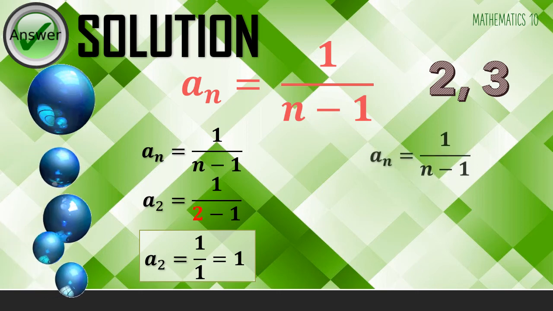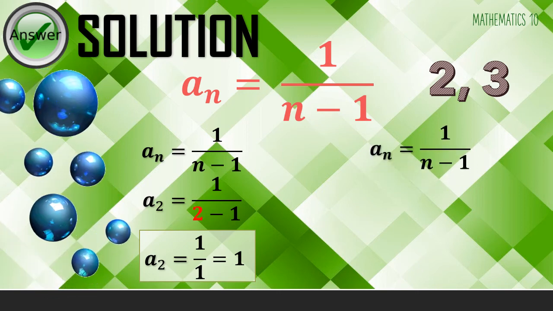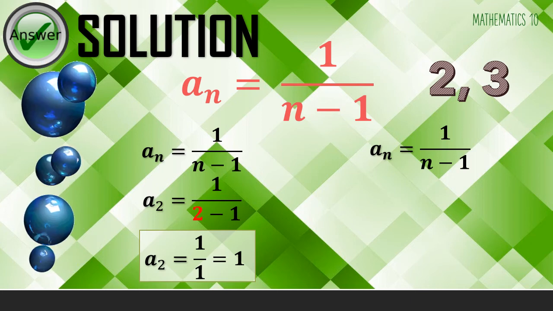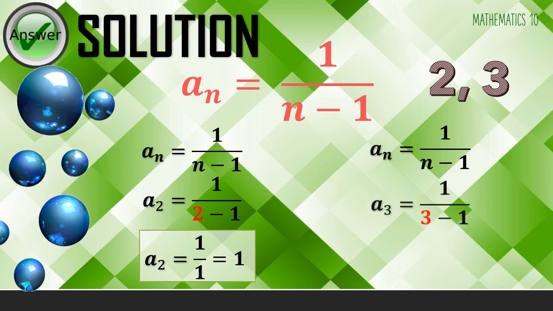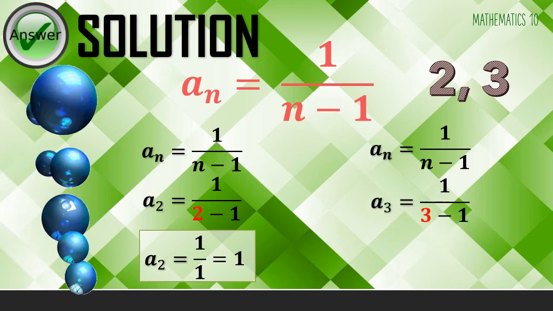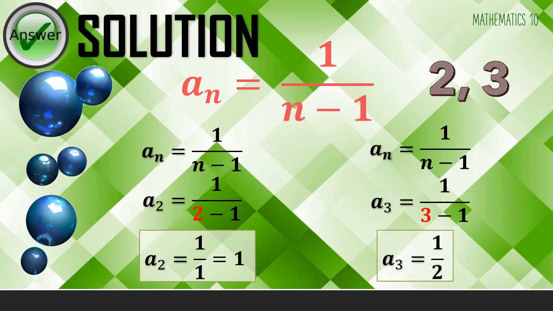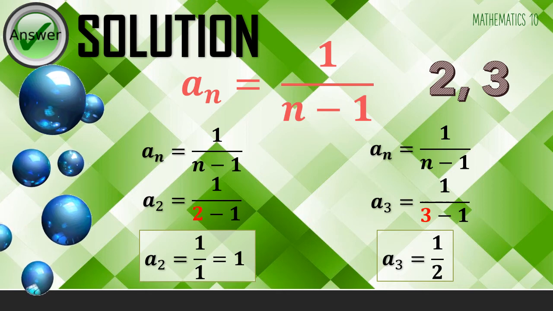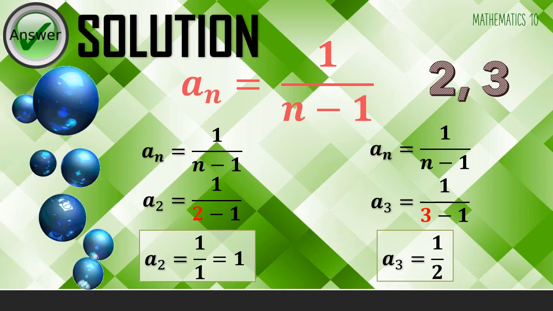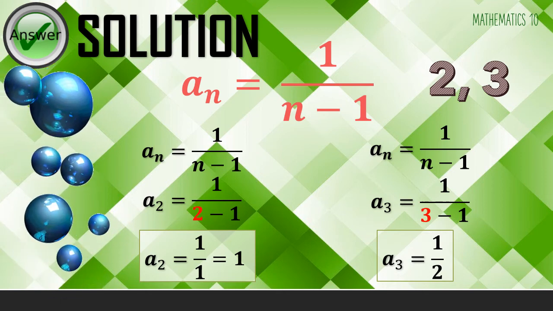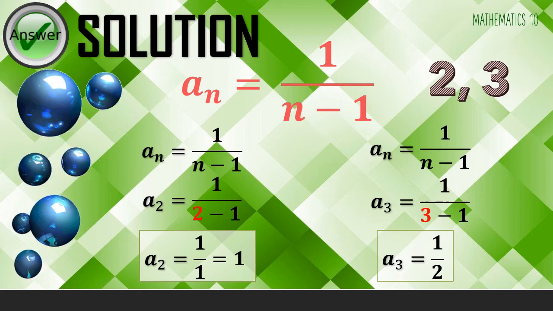And for 3, of course, we change all the n's in the equation by 3. So a sub 3 equals 1 over 3 minus 1. Simplifying the denominator, we get 1 over 2. So that is our a sub 3, equal to 1/2.